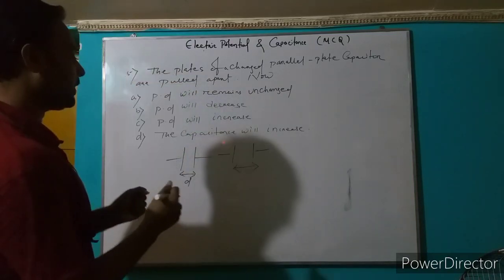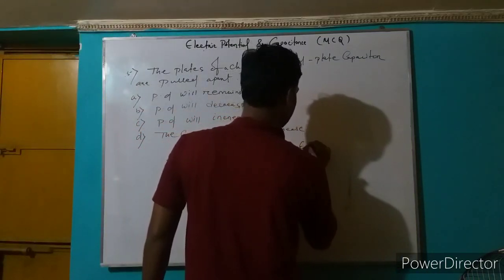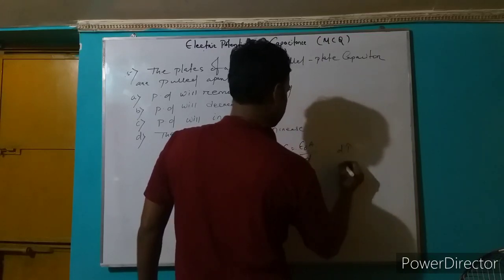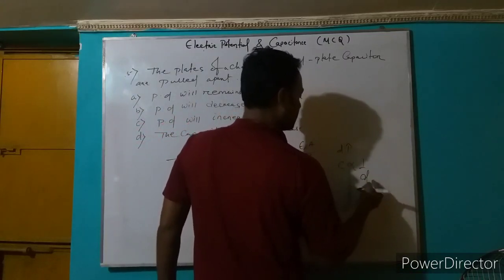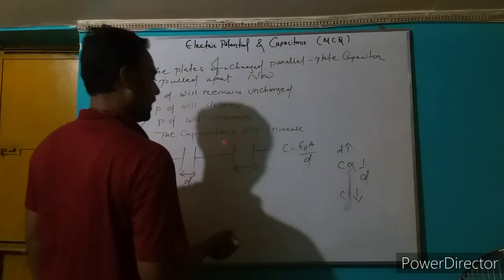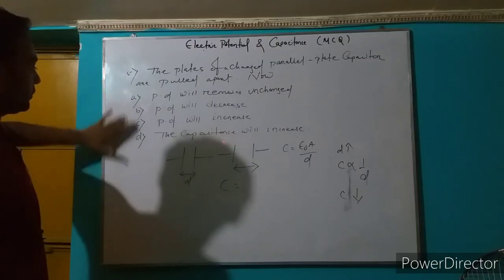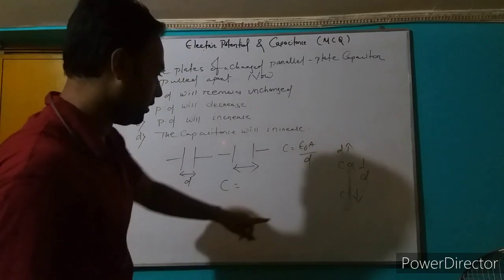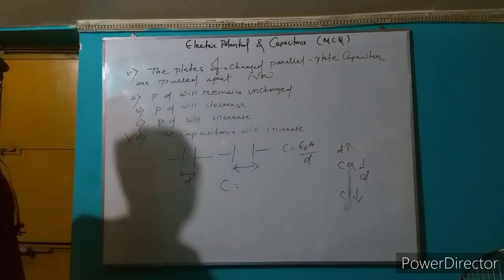The distance between the two plates increases, then we know the formula C equals epsilon 0 A by D. So if D increases, then C decreases, as C is directly proportional to 1 by D. In one option the capacitance will increase, but in this case capacitance decreases, so that option is not correct.